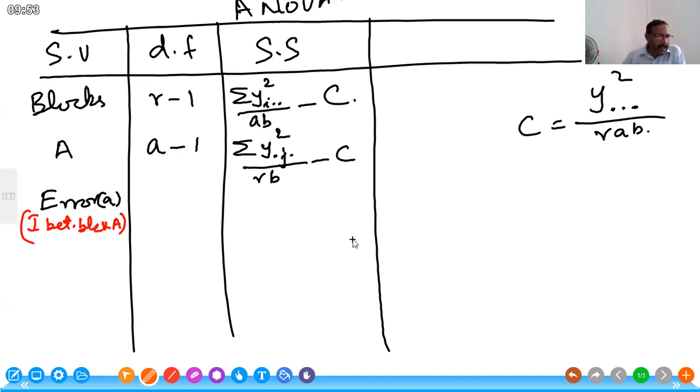This will be given as R minus 1 into A minus 1 in the degrees of freedom.